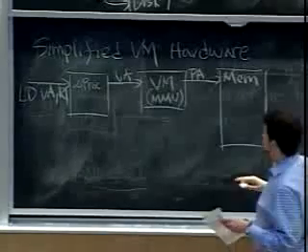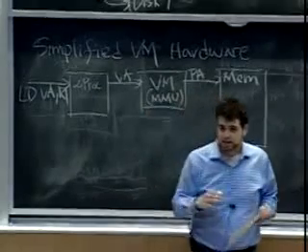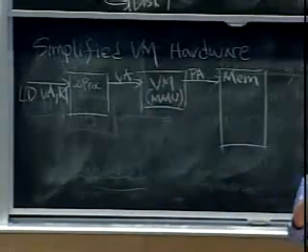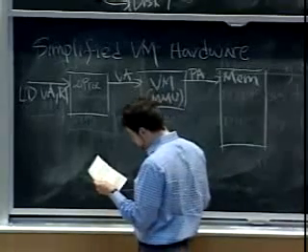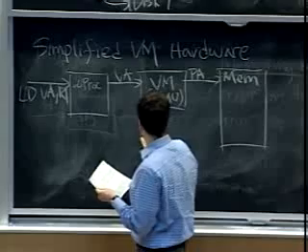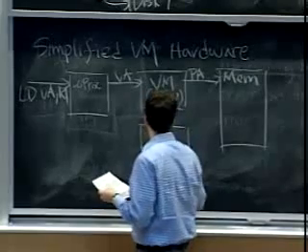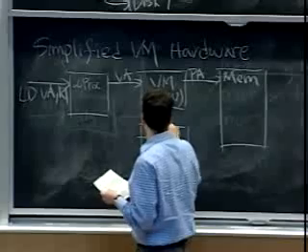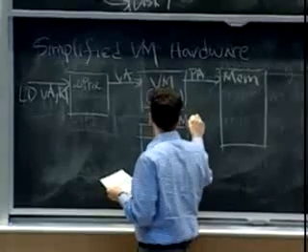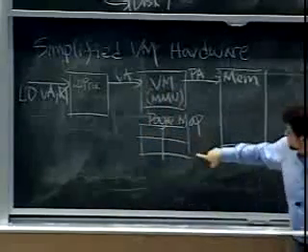And the way that the virtual memory system is going to decide this mapping between a virtual address and a physical address is by using something that we call a page map. This table is an example.